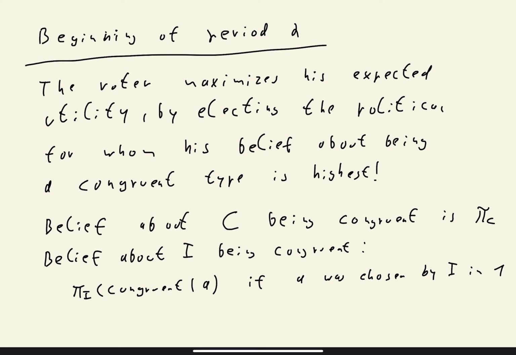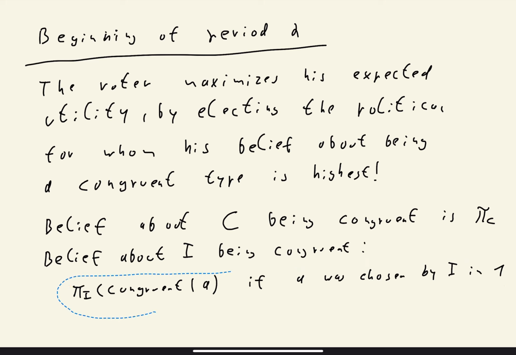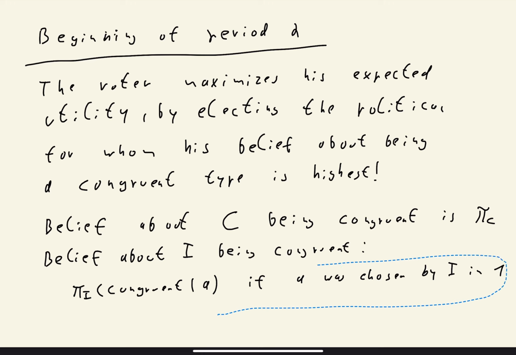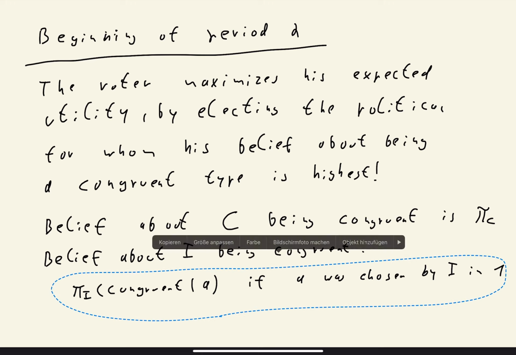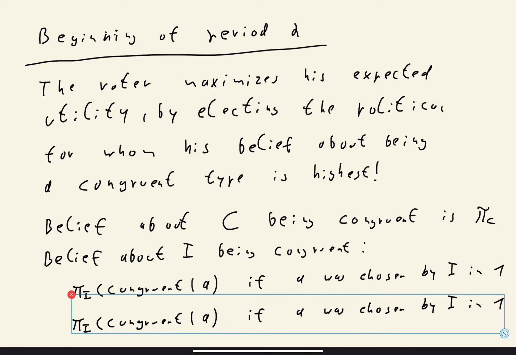Now we have the second case. So basically I can copy this. We have the belief of the politician being congruent given A. Then we also have the belief of the politician being congruent if he has chosen B in period 1.